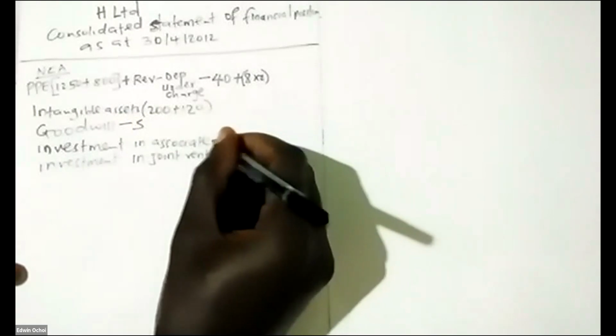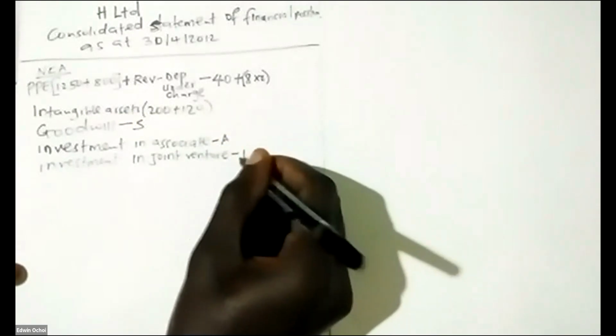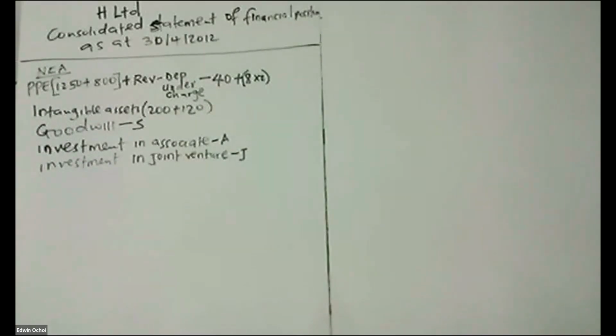This one will be done as a working. Goodwill, remember the goodwill is for S. This one is for A, and this one is for J. So that is how you record that investment in 3 ways. Of which investment in associate and joint venture, I've said, you use the equity method to get that.